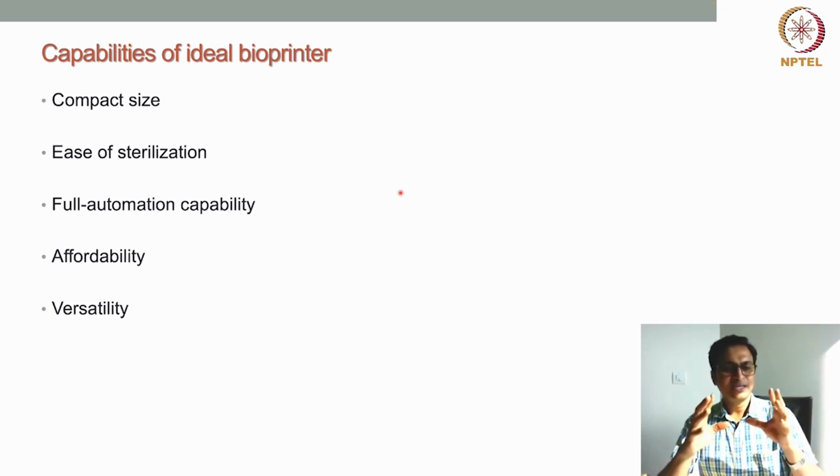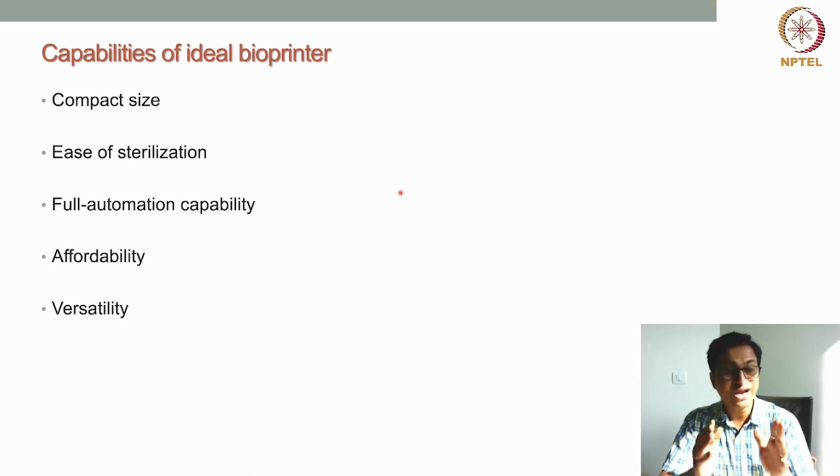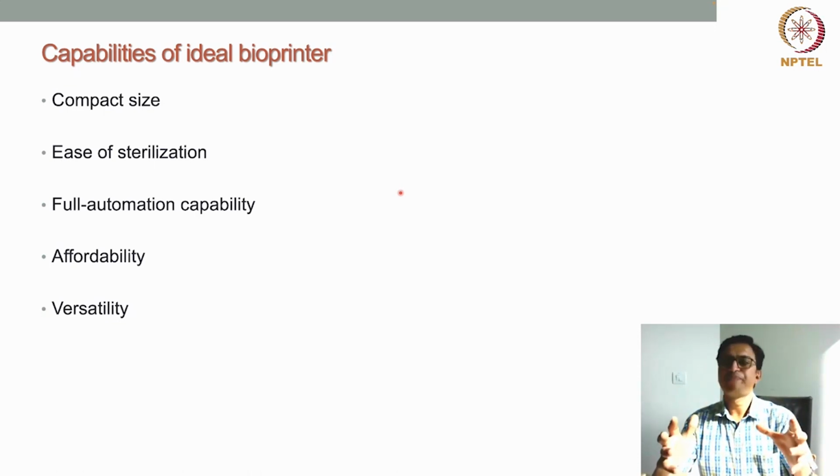So that the tissue printing process can be done under GMP, right? So that's why if the bioprinter is of compact size, then I need very less space. So I can keep that inside a clean room, or I can also keep that inside a laminar flow or biosafety cabinet, right?